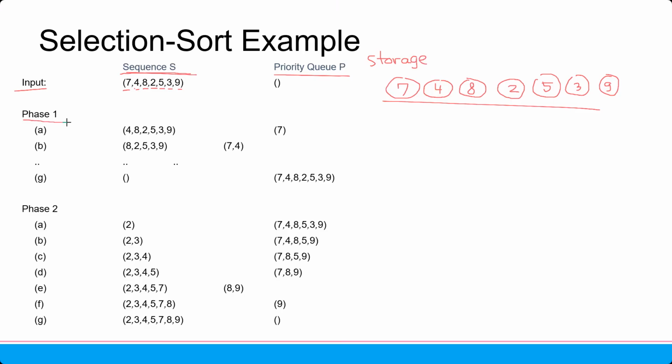In the first phase, phase one, we will remove from S and put it into P. So we will remove 7, and then we will remove 4. We will remove 8. We will remove 2. We will remove 5. We will remove 3. We remove 9. So in the priority queue, we will have the same sequence as this one.